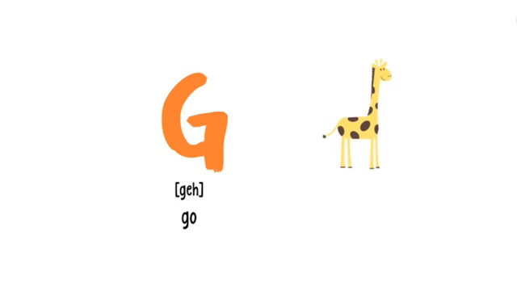The next letter is G. G is pronounced like the G in the word go, and the German word is Giraffe, which means giraffe. As you can see, the word Giraffe is written exactly the same way as in English, but the pronunciation is completely different.